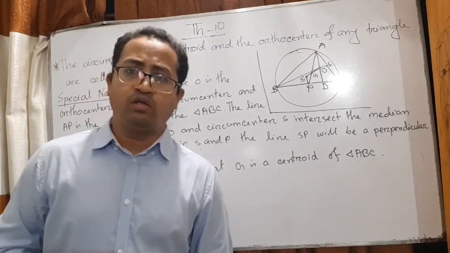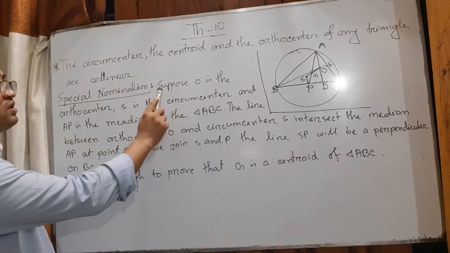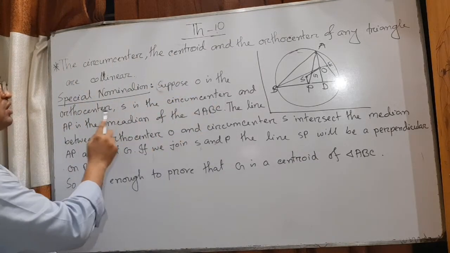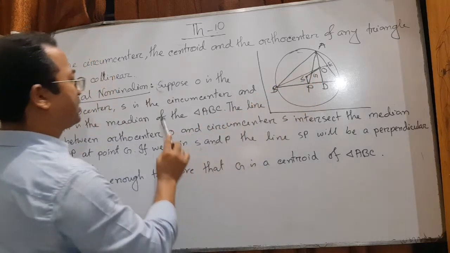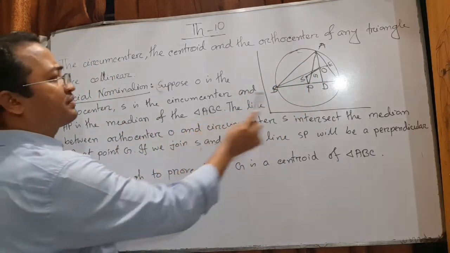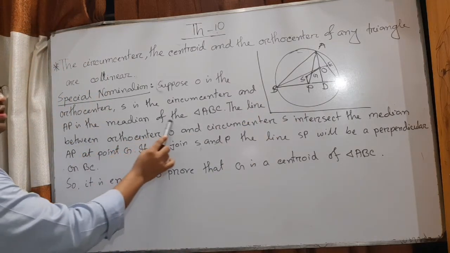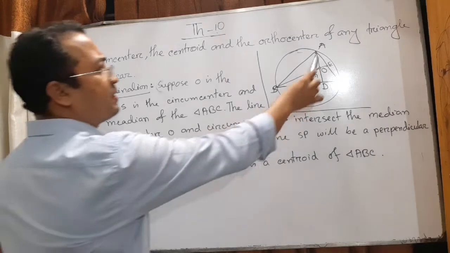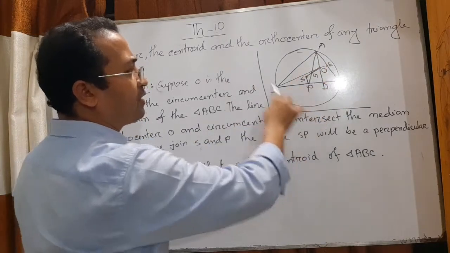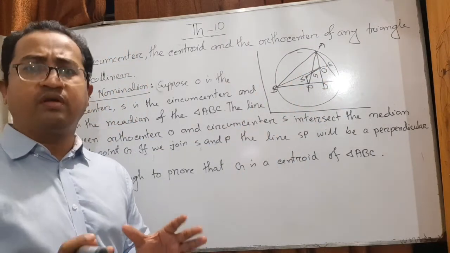Now come to the special nomination. Suppose O is the orthocenter, S is the circumcenter, and AP is the median of the triangle ABC. Already I have described the figure.